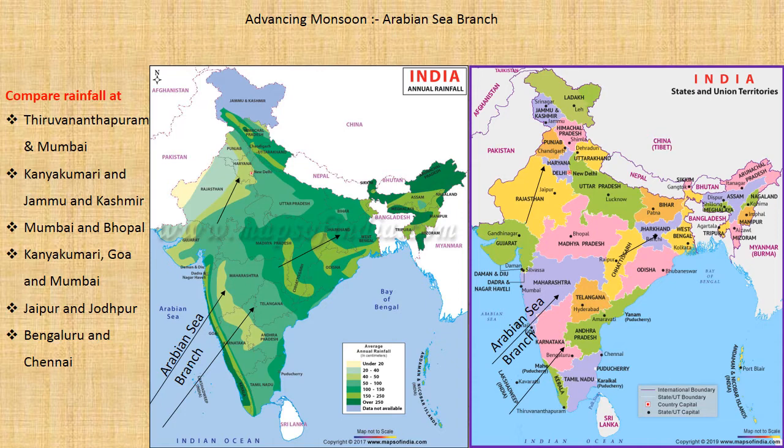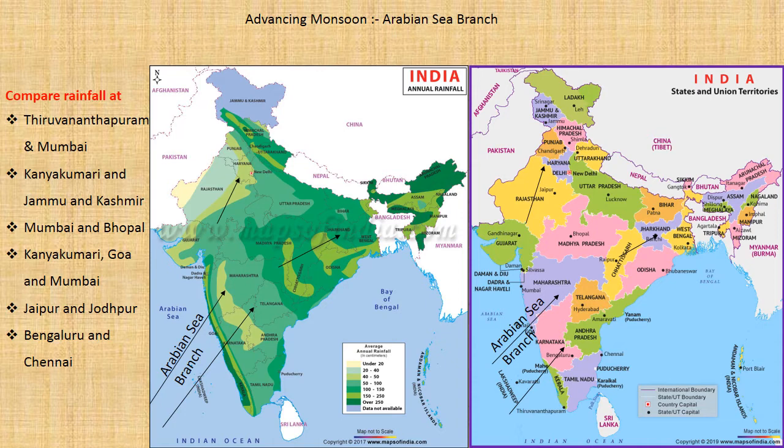Now let's compare Kanyakumari, Goa and Mumbai. Kanyakumari lies to the southern tip of India, then Goa and then Mumbai. All these three places are on southwest coast. Kanyakumari lies to the southern tip and Goa and Mumbai lie on the southwest coast.